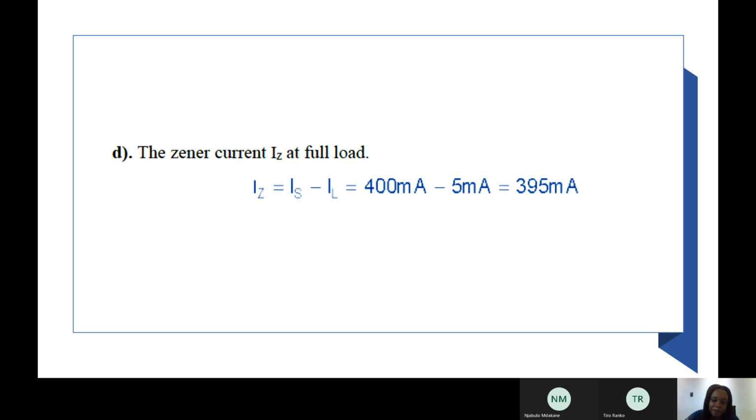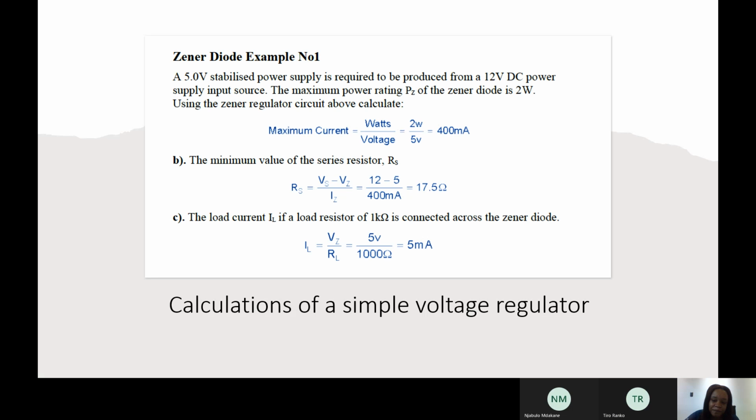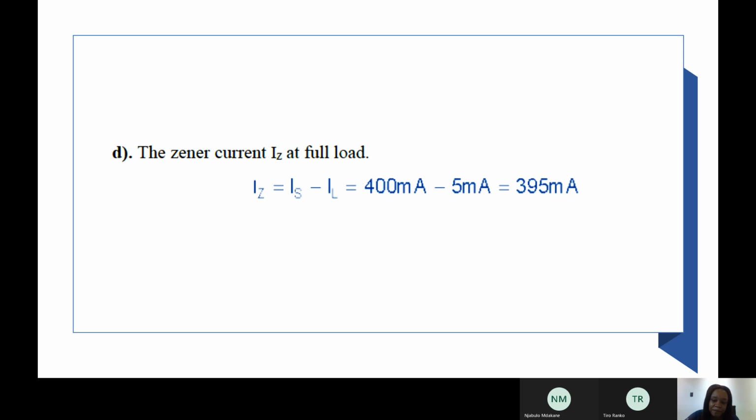Is is going to be equal to Vs minus Vz, or VL, divided by Rs. They'll give you the value of Is, which is going to be 400. Do you understand? They didn't do it there, so I'm just telling you how you're going to get that value. For 5 milliamps, they did it in the previous exercise, and that's how we got the answer of 395 milliamperes.